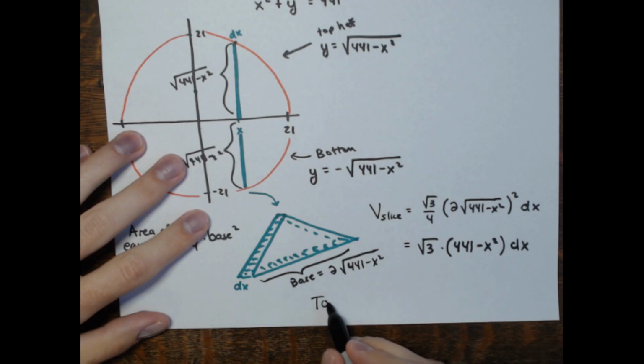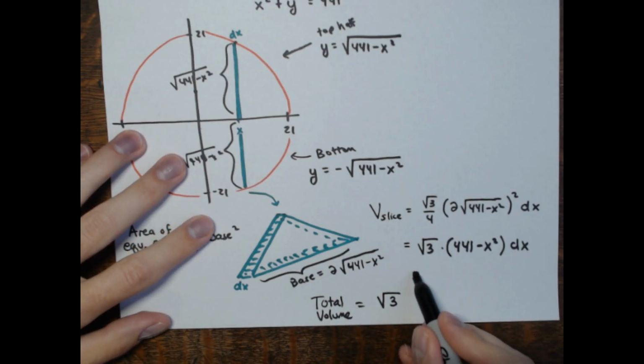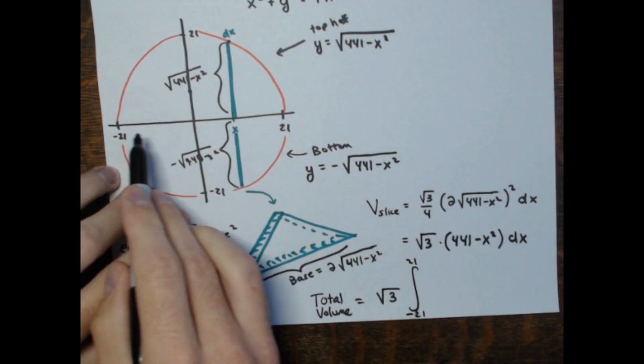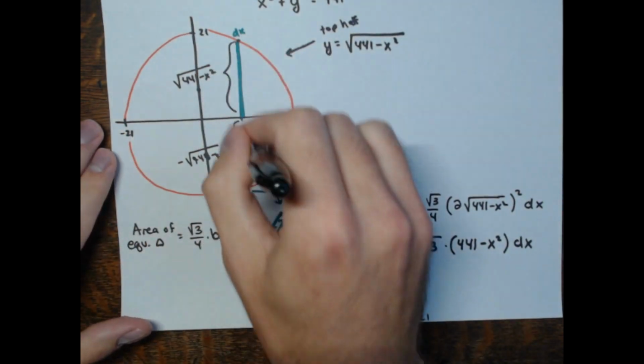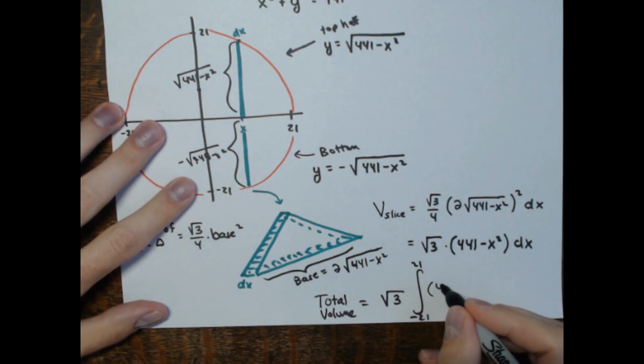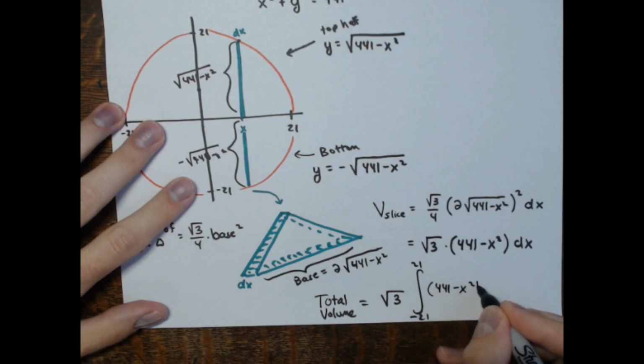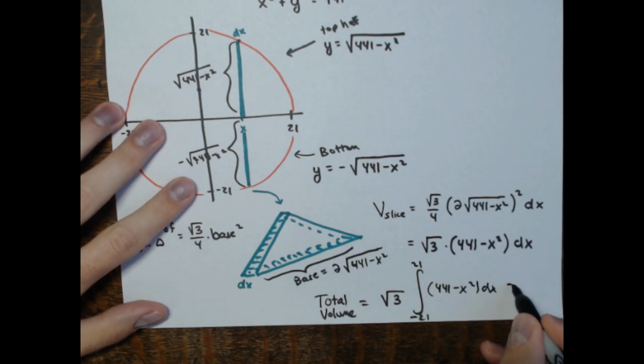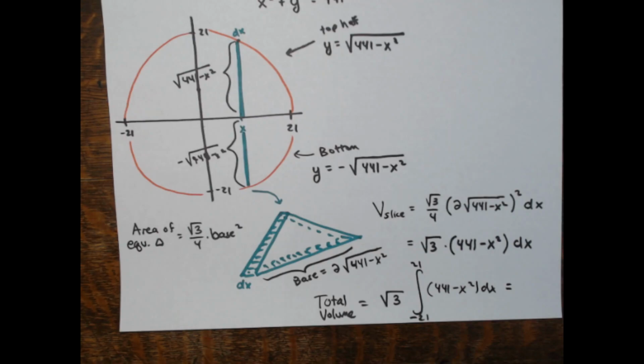I'm going to pull the square root of 3 out, because that's a constant multiple. The square root of 3, times the integral from negative 21 to positive 21 on the x-axis. I'm doing this slicing for every value from negative 21 to 21. Of this 441 minus x squared polynomial. And this should be something real nice.